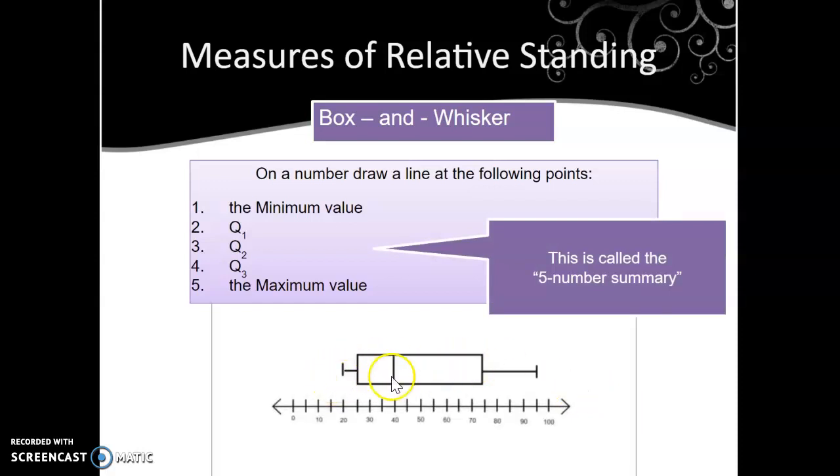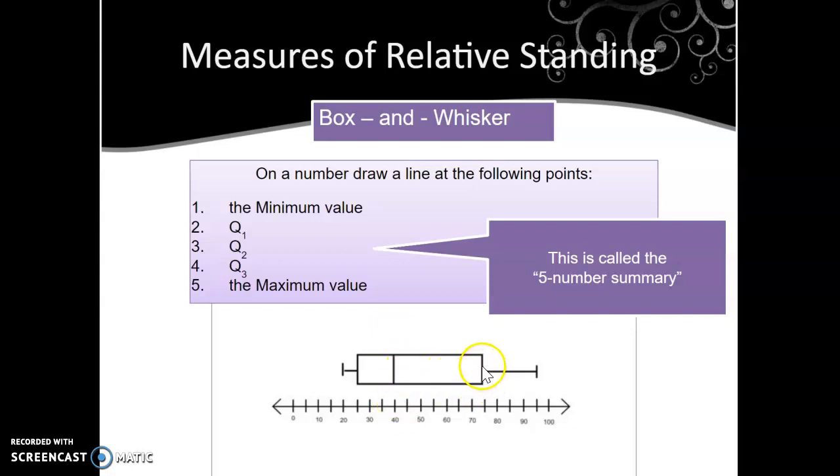So here's an example of a box and whisker plot where this down here at 20 is the minimum value. The beginning of the box is quartile 1. That looks like it's at 25. The line in the middle of the box represents the mean, or quartile 2.